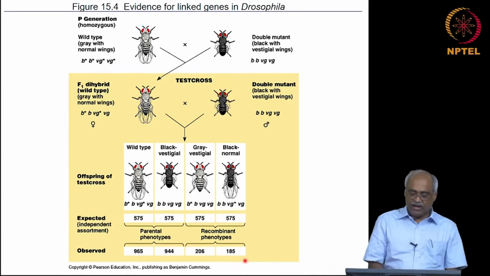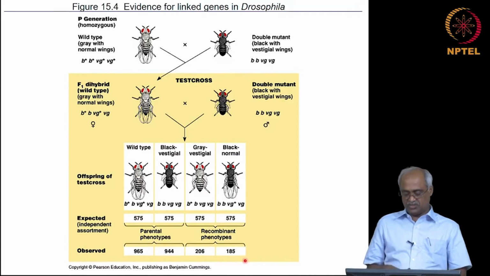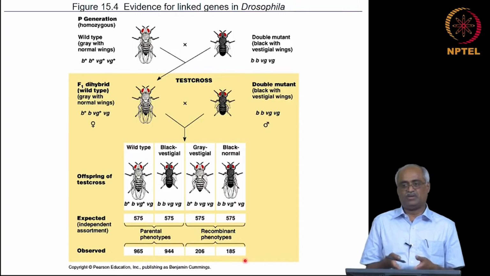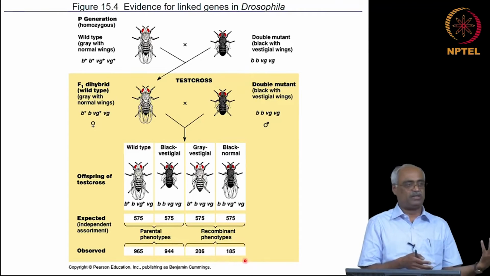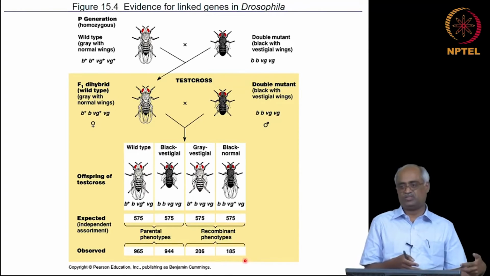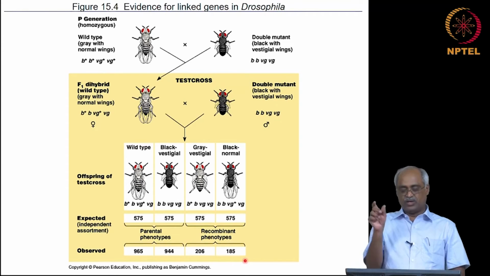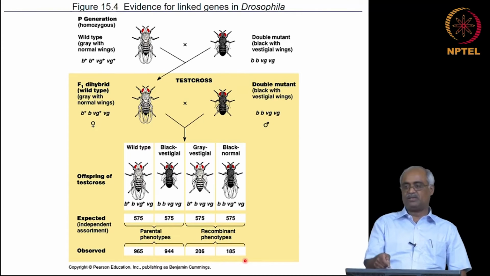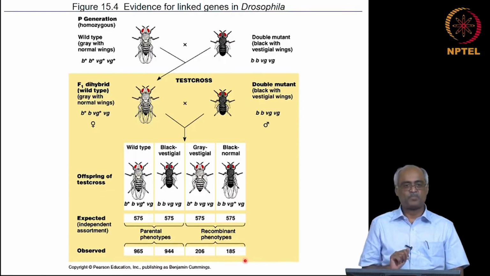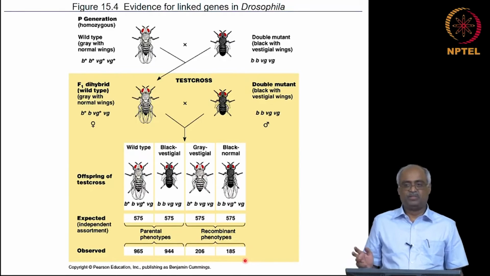But if it was not independently assorting, then you should have gotten in this test cross exactly a 1:1 ratio, which is equivalent to the normal F1 to F2 3:1 ratio. Okay. So, there you would have selfed, but here you are back crossing, and as a result, instead of a 3:1 ratio you will get a 1:1 ratio. So, he did not get that.